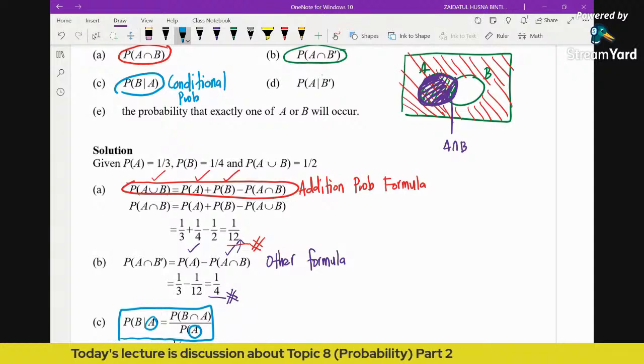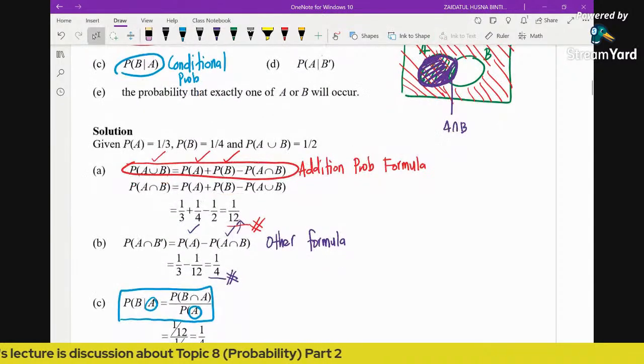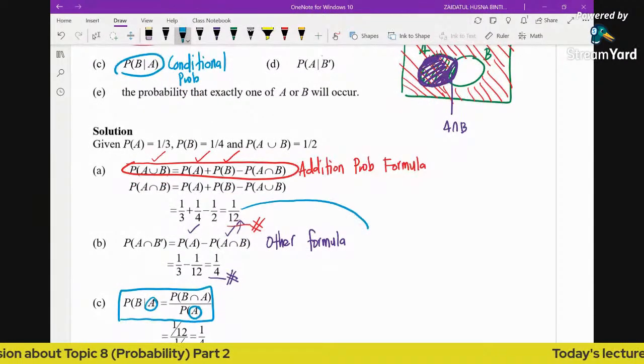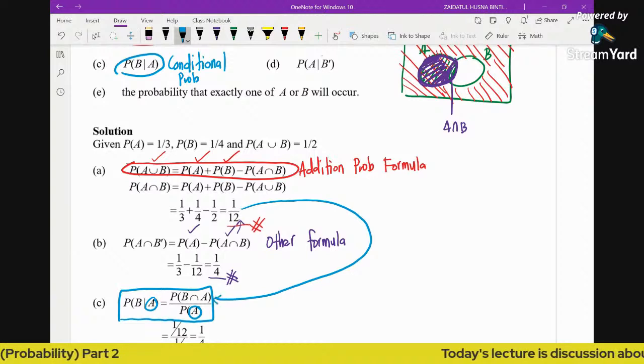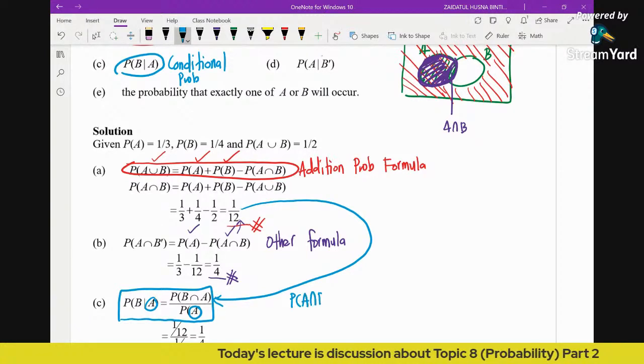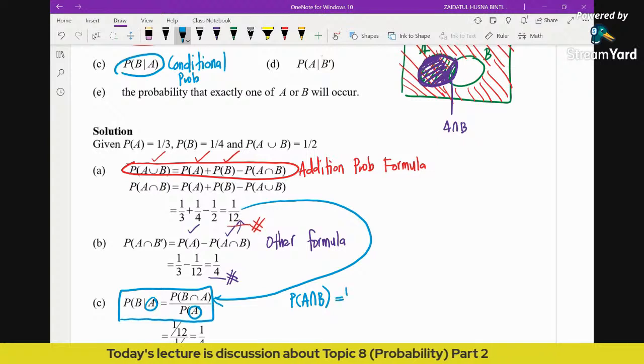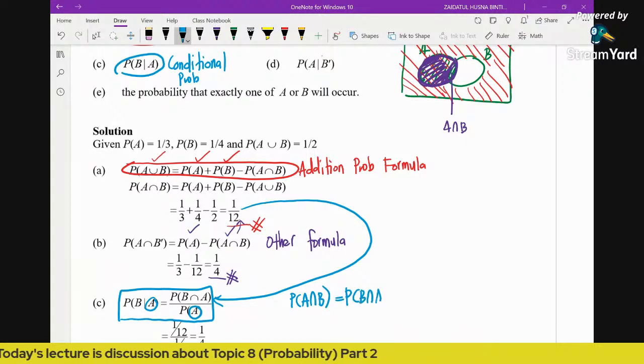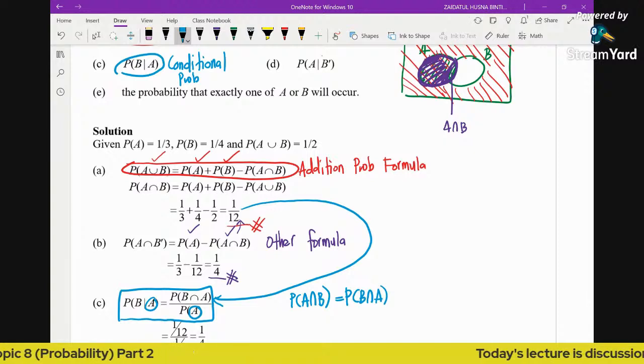Because we have obtained the probability of A intersect B, we can just put it here, because probability of A intersect B is simply equal to probability of B intersect A. Why? Because they give you exactly the same region.